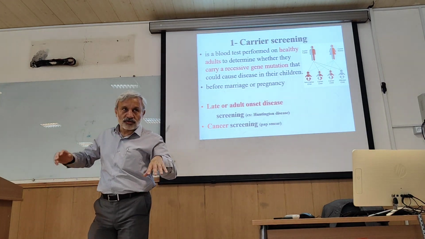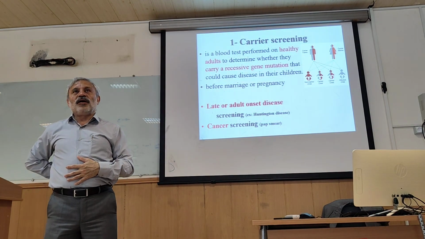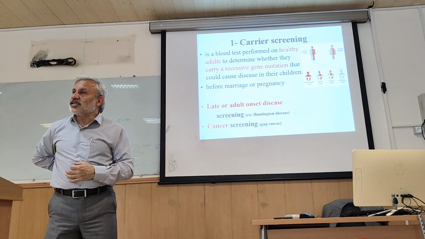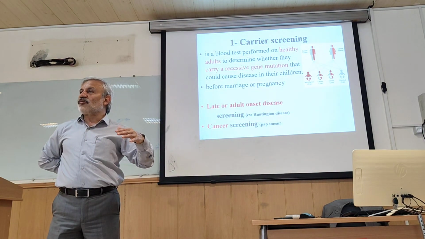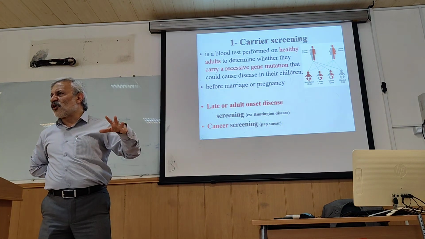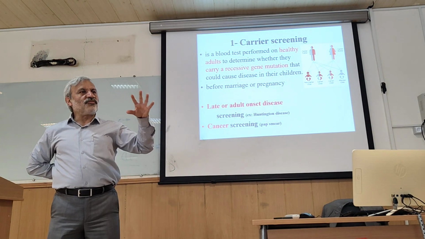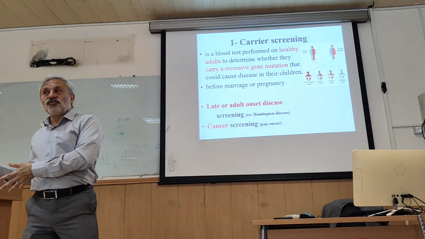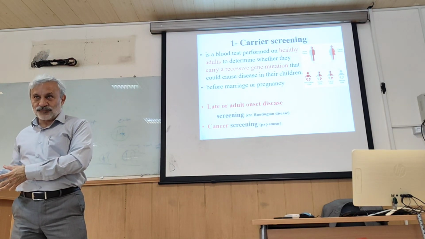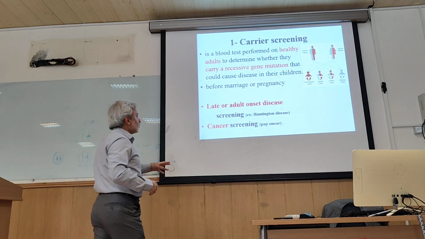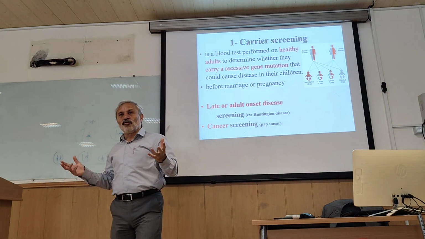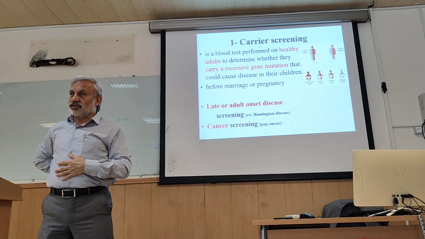You know Huntington? Or polycystic kidney. They lose the kidneys after the age of 35 or 40. But before that is marriage. The age of marriage is 25, for example. But after that, they have the disorder.